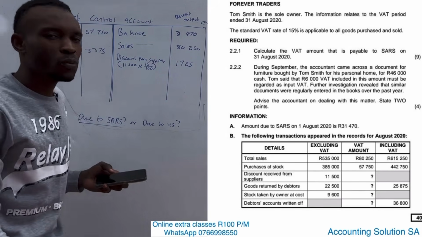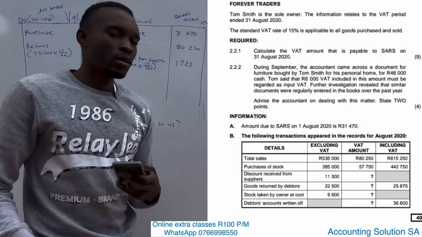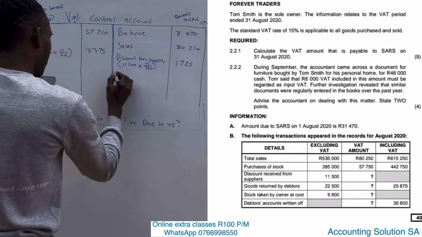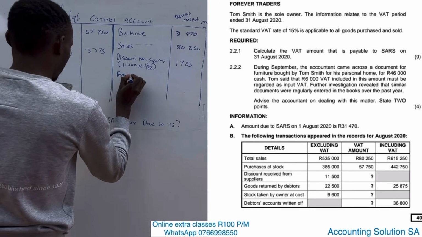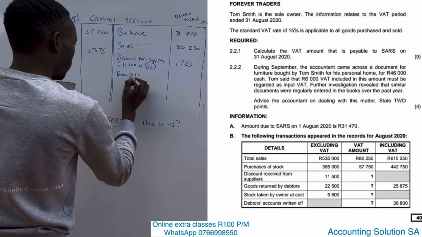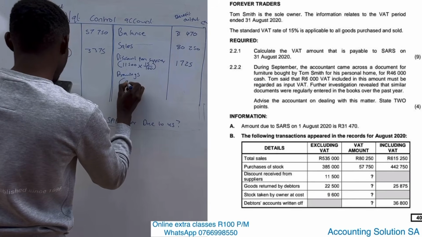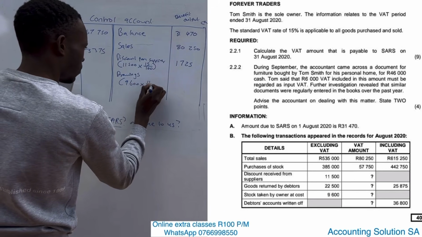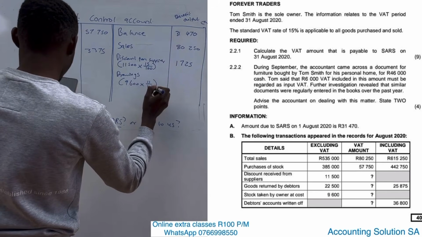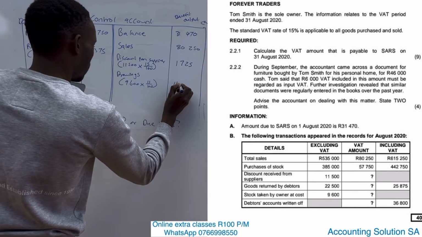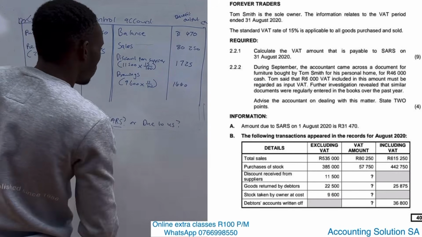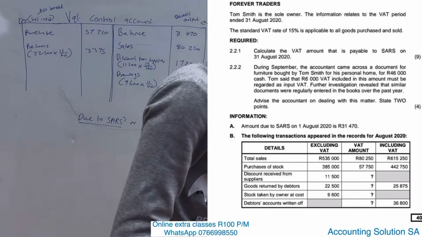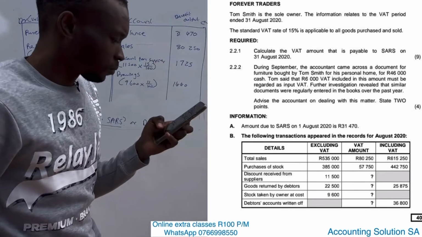But when the owner took it and no longer sells it, he benefited. He must pay SARS. Okay, it's the drawings. Drawings calculation is going to be 9,600 multiplied by 15 over 100. Okay, 1,440.